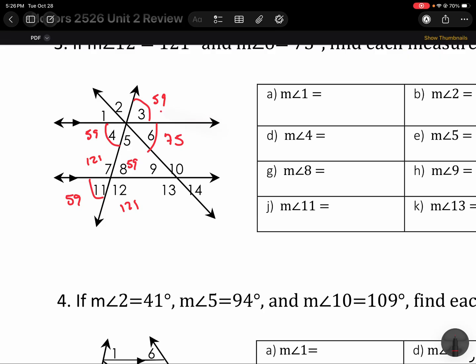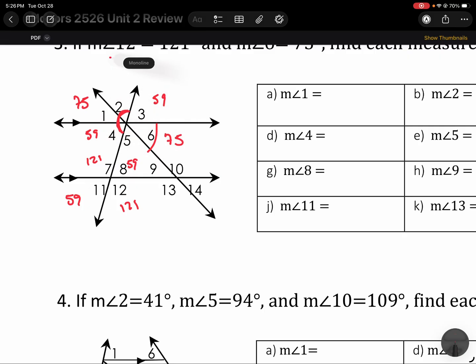And then looks like angle 1 and 6 are vertical angles. So these two angles are vertical, so angle 1 is 75 degrees. And then from there, we can figure out angle 2 and 5 by completing a full supplementary angle using angles 1, 2, and 4.